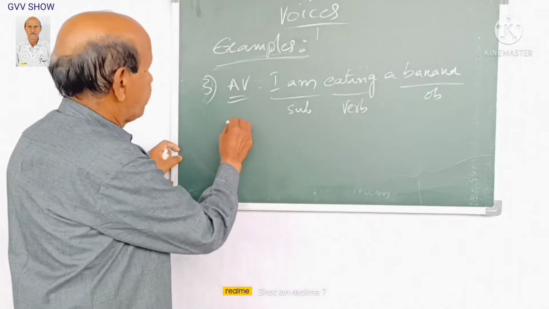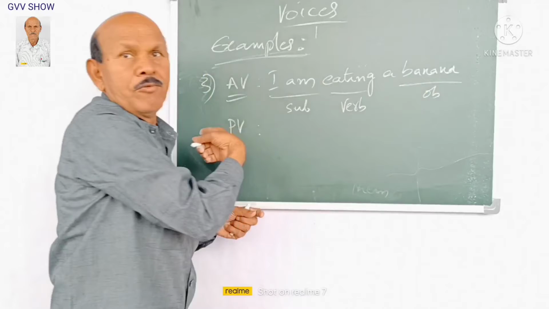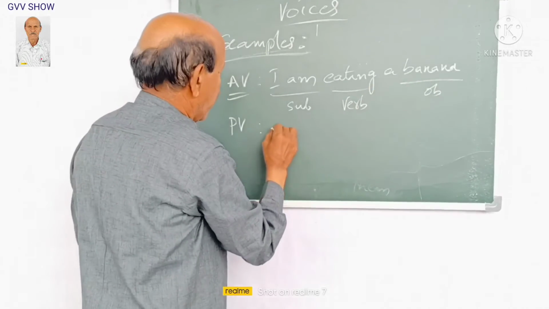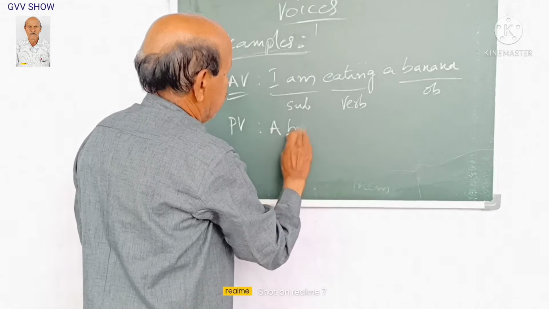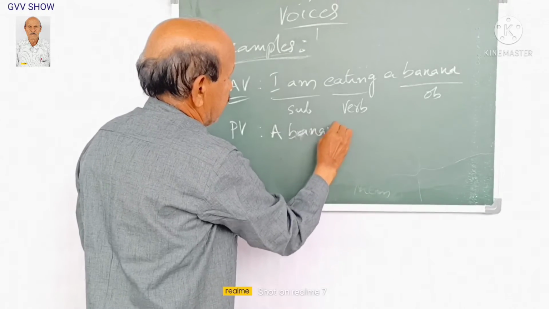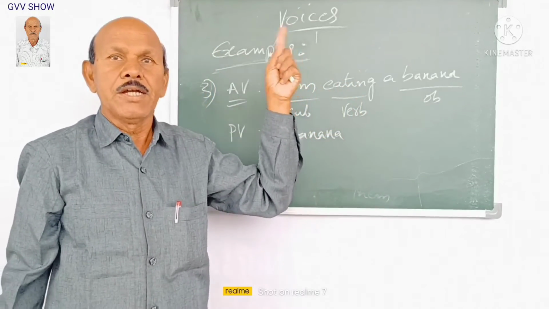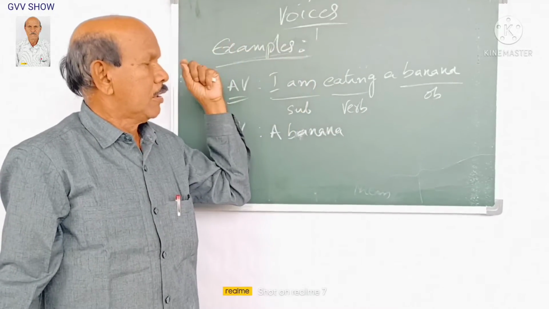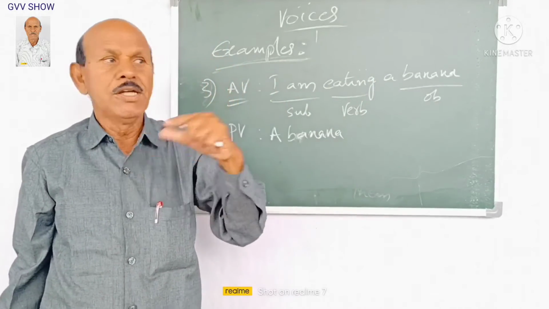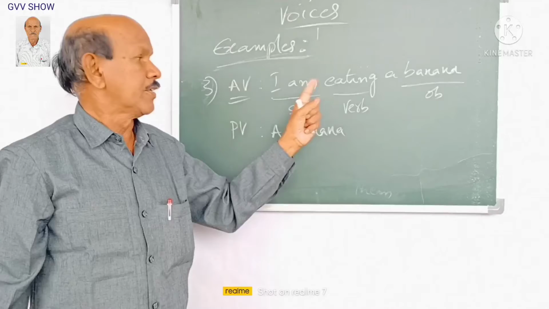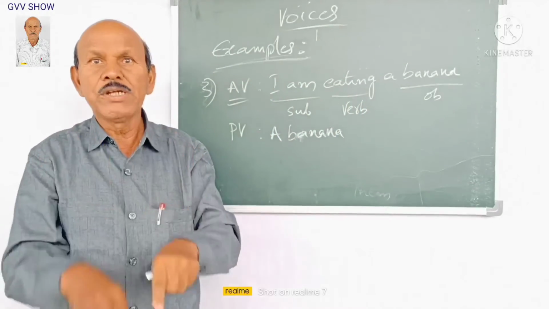When it changes to passive voice, you write like this. The object comes as the subject: a banana. One more thing: when "ed" comes in active, it is past tense. Now it is a present tense verb, eating, present continuous.